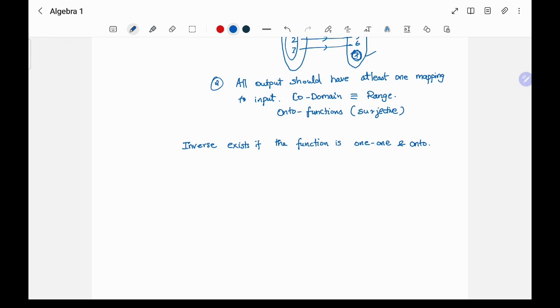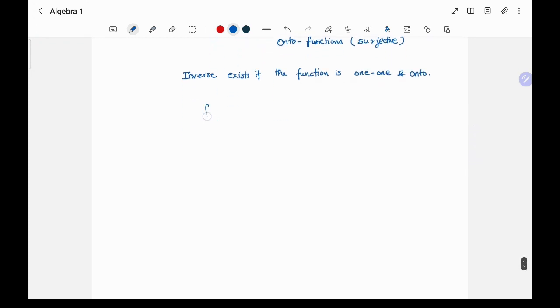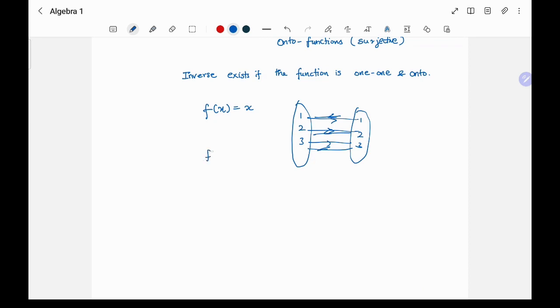Okay, one simple example is f of x equal to x itself, right? What is its inverse function, do you think? Here, if you have the numbers 1, 2, 3, it maps to 1, 2, 3, right? So what will be the inverse? The inverse is nothing but the same, right? So f inverse of x is nothing but x itself.